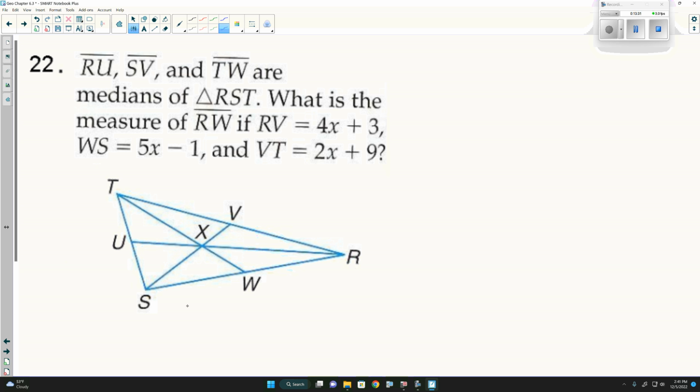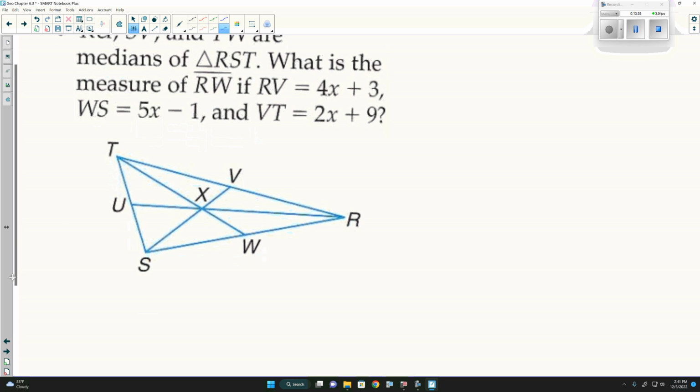RU, SV, and TW are medians of the triangle. What is the measure of RW? So RW, if RV is 4x plus 3, WS is 5x minus 1, and VT is 2x plus 9.